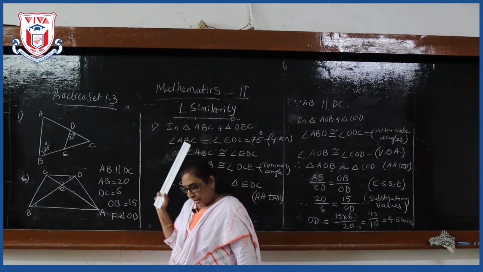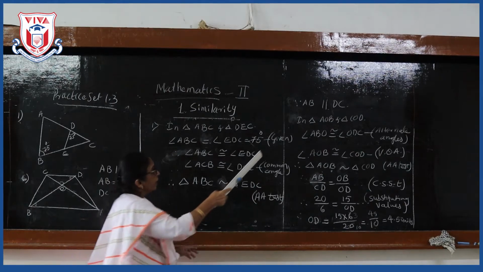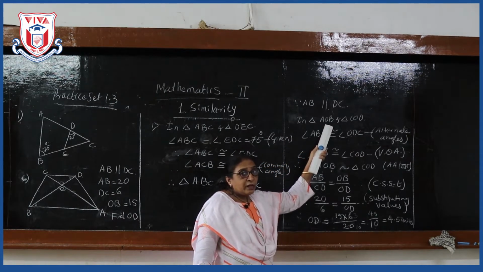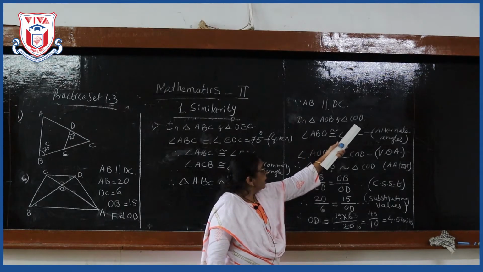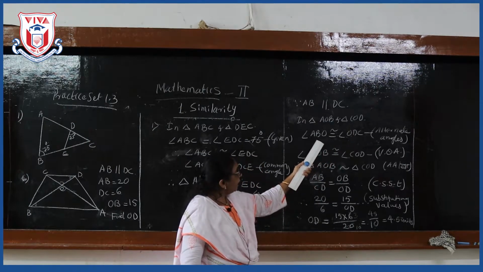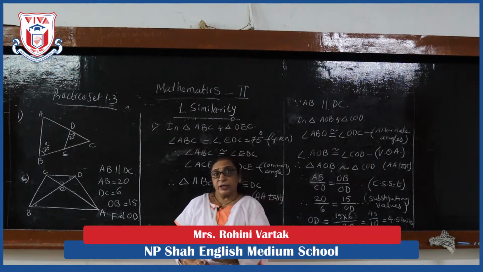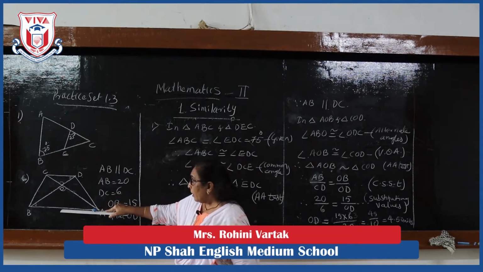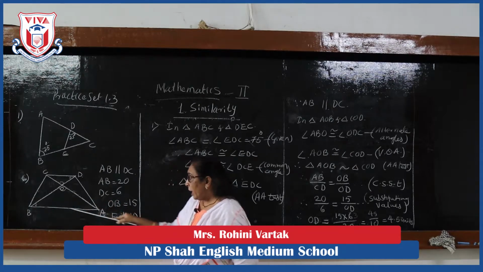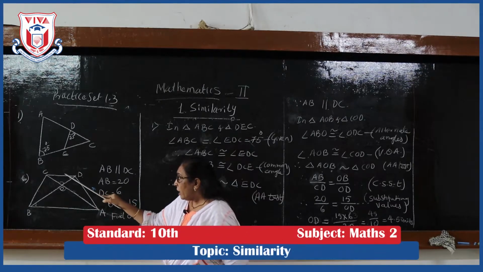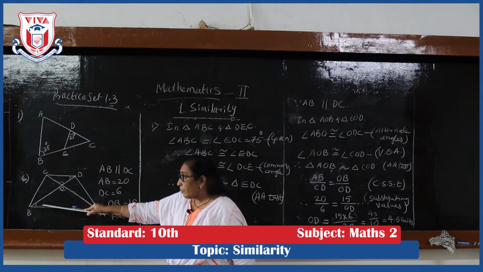Now let us see in this figure. You can see here, if you consider these two triangles AOB and COD, angle ABO and angle ODC are alternate angles. You can see here angle OBA or ABO and ODC are alternate angles.